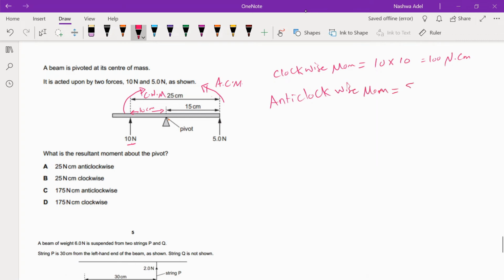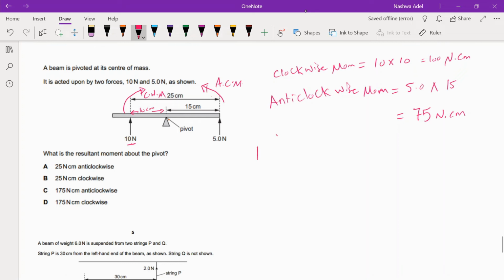Okay, and the anti-clockwise moment equals 5 times 15. This means it equals 75 Newton centimeter. So these two moments are opposite in direction. So the biggest one is 100 Newton centimeter, which is in the clockwise direction.